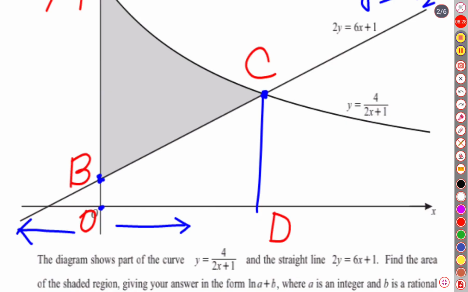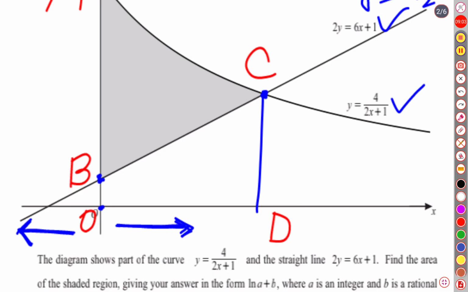Once again I am telling, we are solving both of these equations simultaneously to find the intersecting point, and intersecting point c is lying on the right side of our origin, which is definitely positive. The x coordinate can never be negative, neither the y coordinate, because this is above the x-axis. For a negative value, x should lie on the left side, but we can see that our c is lying on the right side of origin.